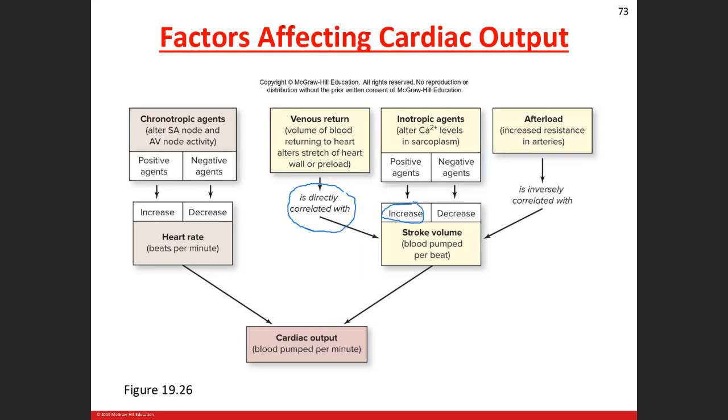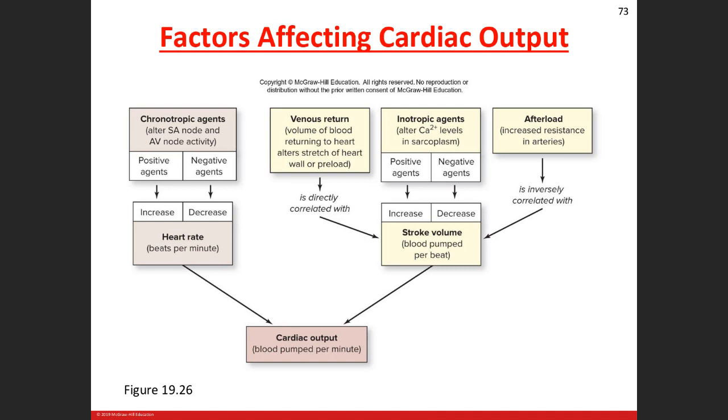If you decrease venous return, you will decrease stroke volume. Afterload, it's an inverse relationship. You remember what inverse means, right? One goes up, the other goes down. So with afterload, which is resistance in the arteries, if you increase the resistance, you will decrease the stroke volume, and vice versa. If you decrease the resistance, you'll increase the stroke volume.